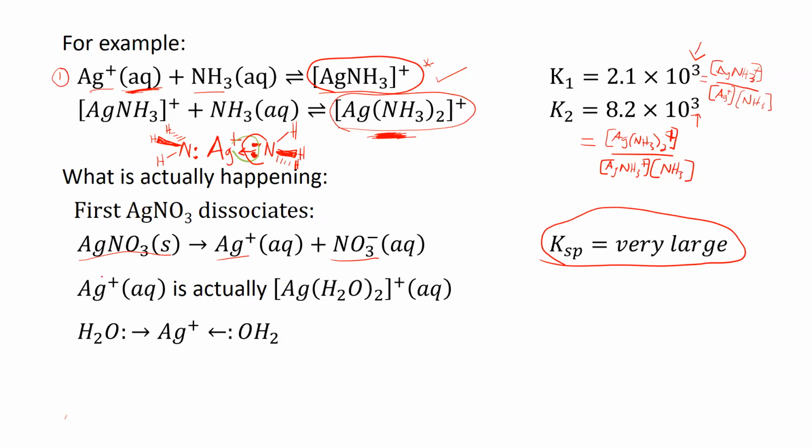So what's really going on there? Well, when you have the silver ion, what you're actually making is a complex ion of the silver dissolved in water, because the water is acting as a Lewis base as well. And so a lone pair of electrons in an sp3 hybridized orbital from water will overlap with an orbital from the silver. Don't worry which one yet. We'll deal with that when we get to chapter 21 stuff.